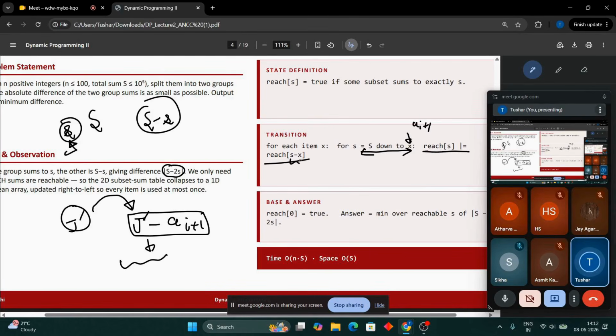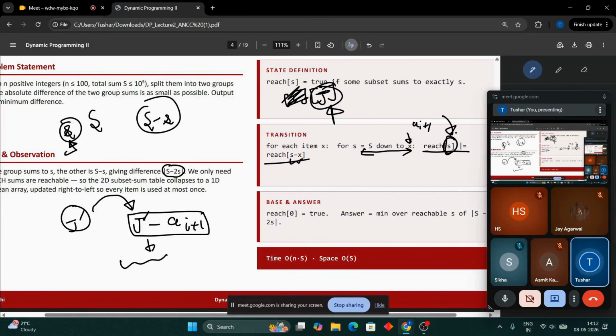If s minus x is achievable, then s becomes achievable. Here we are not maintaining a 2D array saying whether the ith index and sum s is achievable or not. We are just maintaining this one dimension, and we do the transition backwards because when we update reachable[s], we depend only on reachable[s minus x], which we have not updated yet.